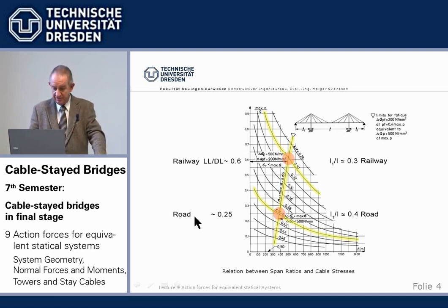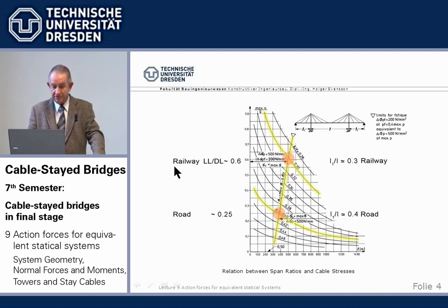And so if we go then here, this is the ratio, live to dead. If we go for a regular roadway bridge in here, where we hit this vertical line, then we find in these curves a ratio of side span to main span of 0.4. And that's something you should remember. That is very typical, that the side span has 40% of the main span.